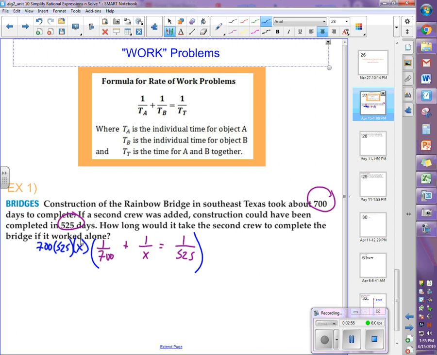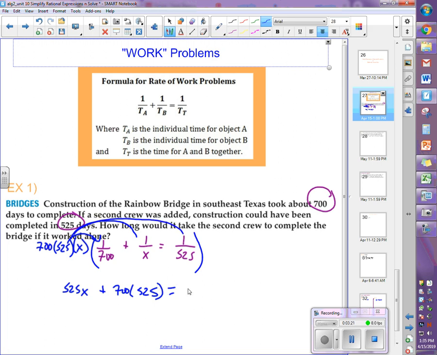So to distribute the LCD we're using into the equation, when I distribute it to the first term, the 700 would disappear, leaving the 525x. When I distribute it to the second one, the x will disappear, which would leave 700 times 525. Bring down my equal sign and distribute it to the last term.